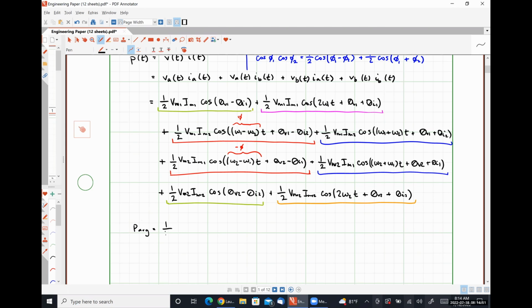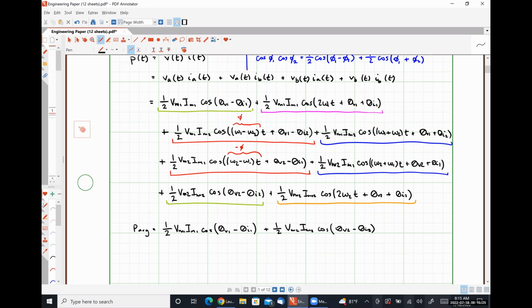So that's going to be 1/2 VM1 IM1 cosine(theta V1 minus theta I1) plus 1/2 VM2 IM2 cosine(theta V2 minus theta I2).